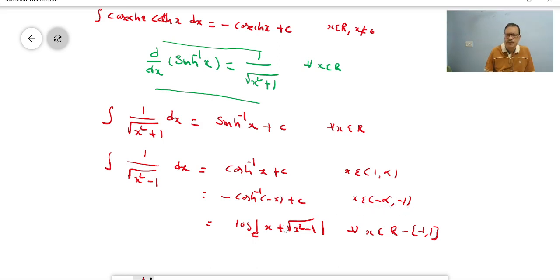Combining these two results, we can write log of x plus root of x square minus 1 to the base e plus constant.